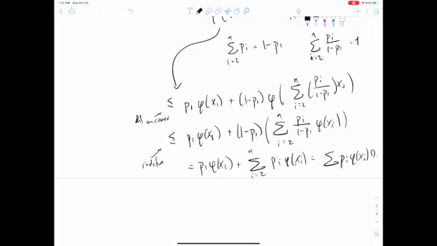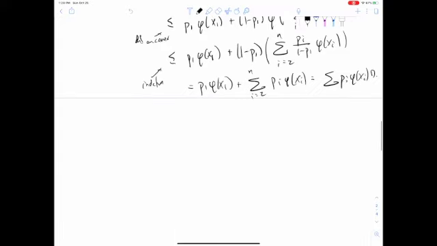Okay, now we've actually just proved Jensen's inequality in one specific case. We've proved it in the case of a discrete probability distribution.